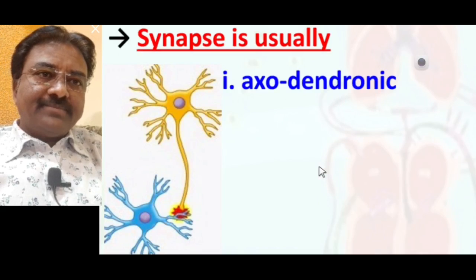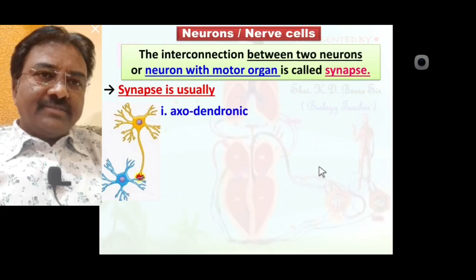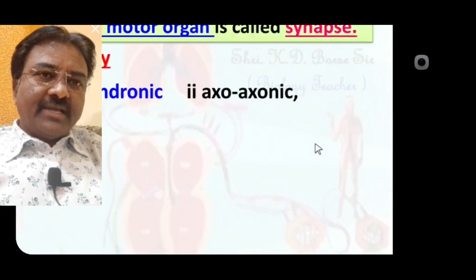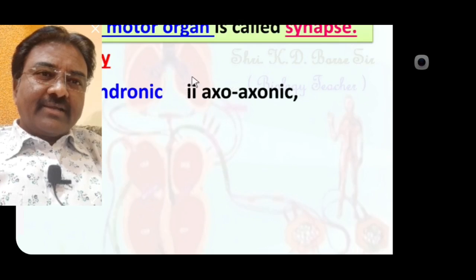exodendronic synapse. Now second type of synapse known as exoaxonic synapse means one neuron's axon part connects with the other neuron's axonic part. Such synapse is called as exoaxonic synapse.